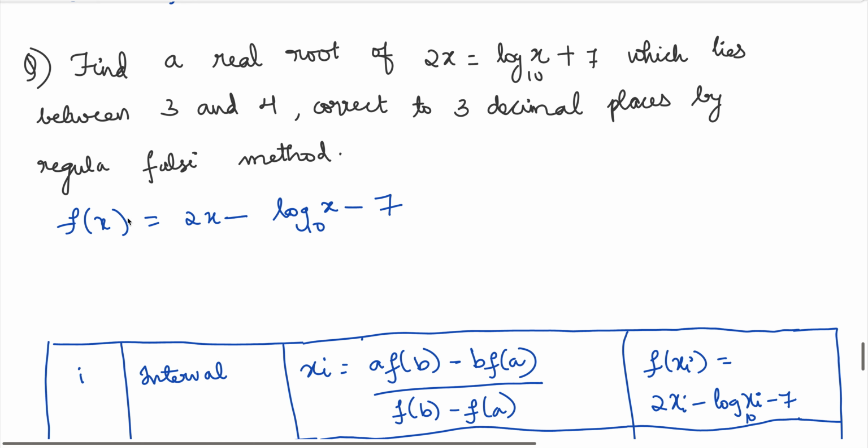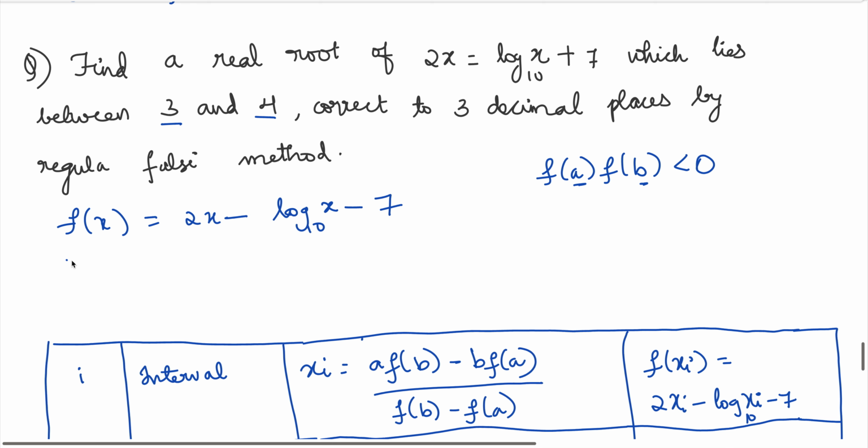Usually what we do, we find a and b such that f of a into f of b will be less than 0, and this would be our interval. But in this question they have given us the interval, that the root lies between 3 and 4. So we have got the interval for our first iteration. But we will still have to see which is giving us less than 0 and which is giving us greater than 0.